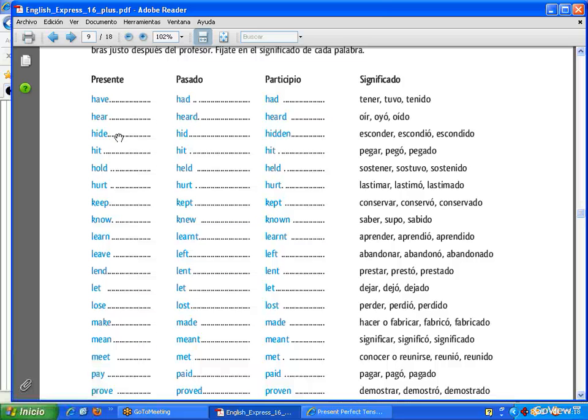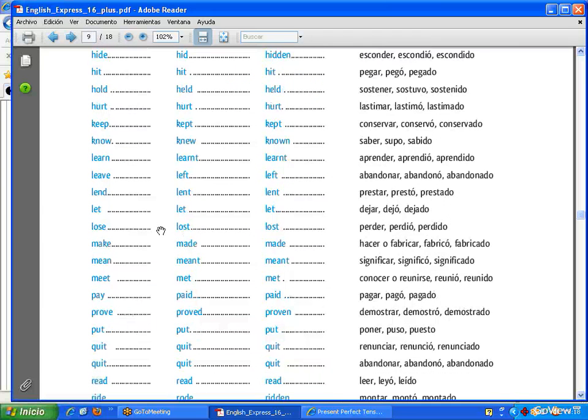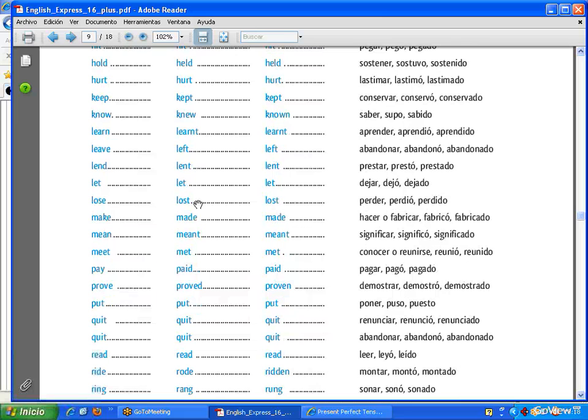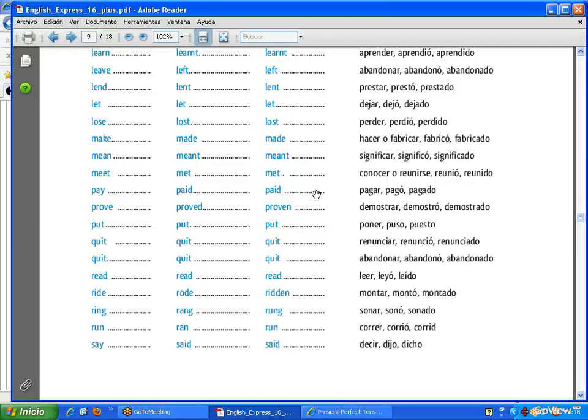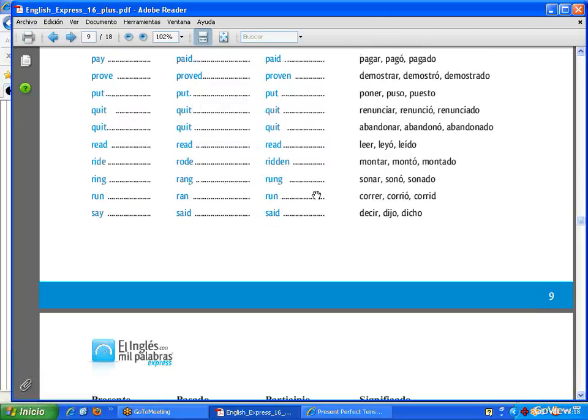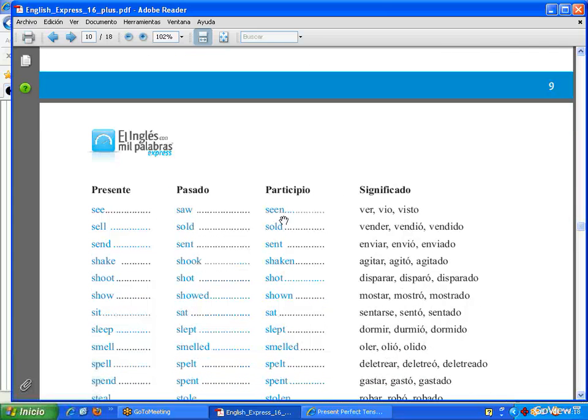So you have to learn them all individually. Let. And when you have learned them, you really will make English a lot easier. The participle is so important. Now remember, in the present perfect, we're using the participle, not the pasado, the participle. So we're using have and participle.